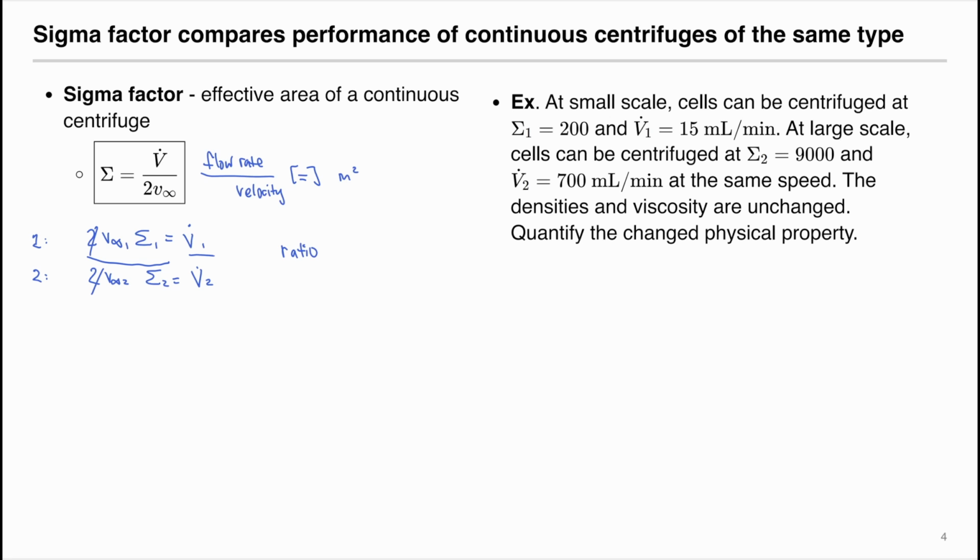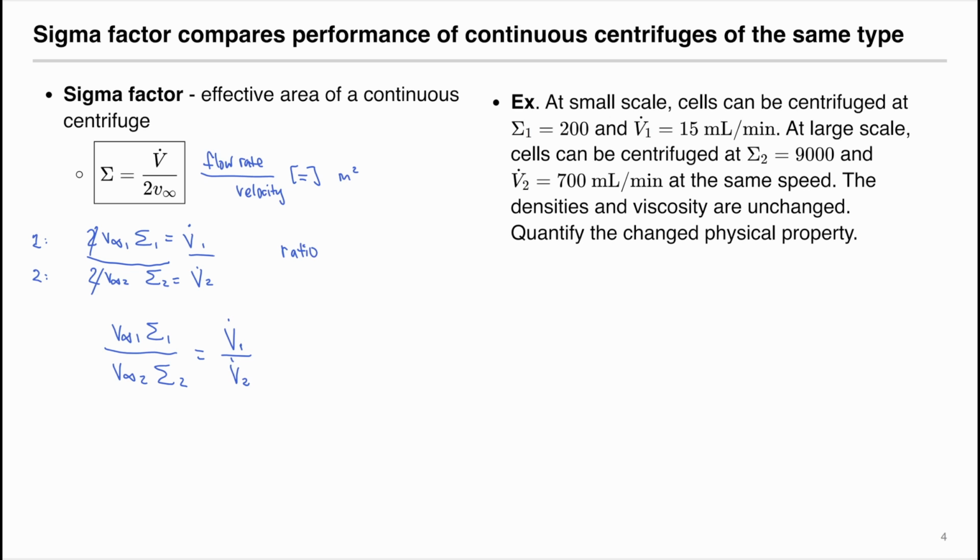We have that the terminal velocity 1 times sigma factor of 1 divided by the terminal velocity of 2 times sigma factor of 2 is equal to the ratio of their volumetric flow rate. Let's look at an example of how we can apply such comparison.